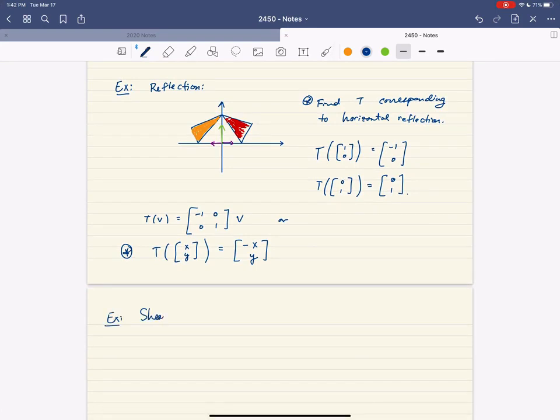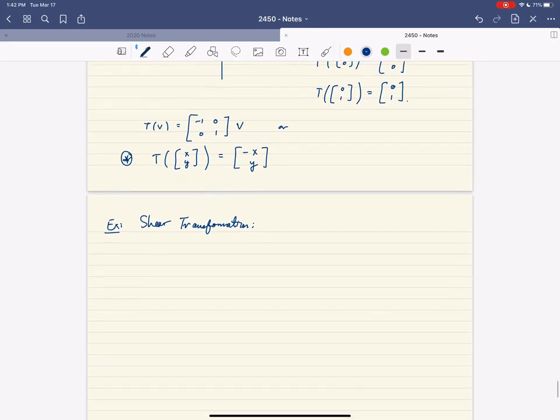And a shear transformation is where you're going to take, say, some object. I'm going to draw this the best I can. I'm just going to draw a square. It's supposed to be a square. Let's make thicker lines so it's a little bit more forgiving. Okay, so we have our square.